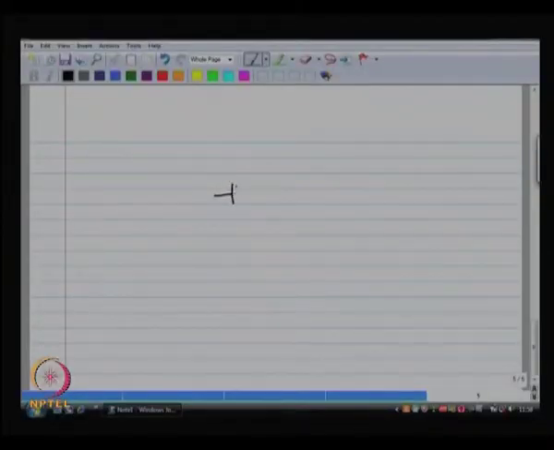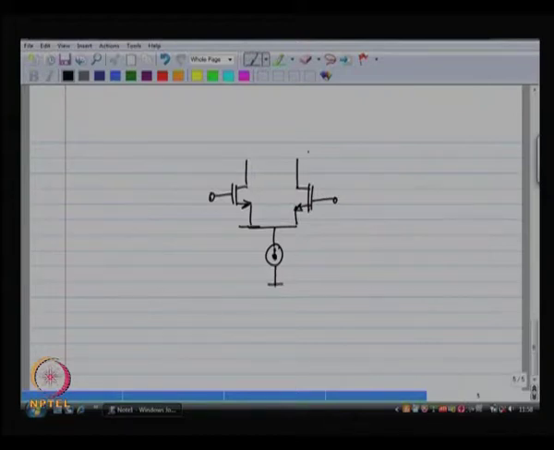So, the input of an amplifier, what you have designed before, typically would look like this, or if you have designed a differential amplifier it would look like this. Etcetera, etcetera. So, there is a load to this. And so on and so forth. So, this is probably how the input of the amplifier looks like.